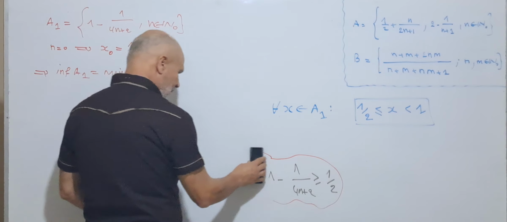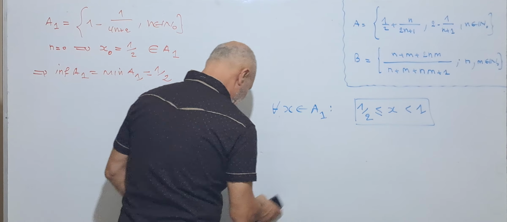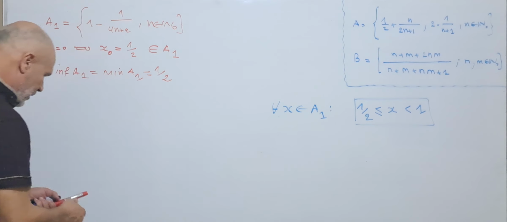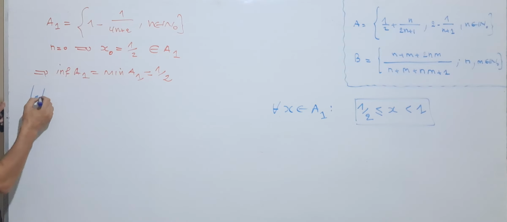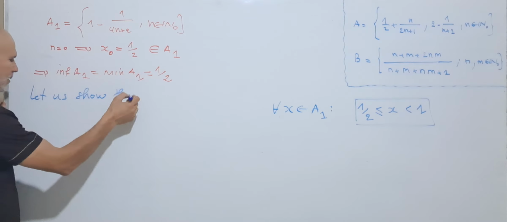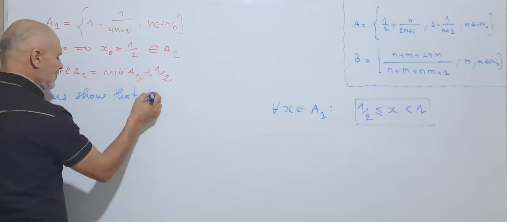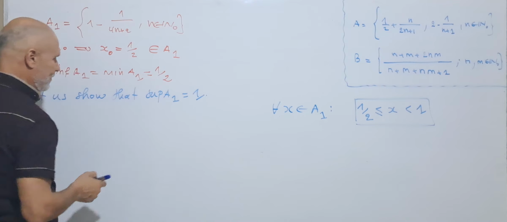We expect that 1 will be the sup, and we need to show that using characterization. Let us show that the sup of A1 is equal to 1.